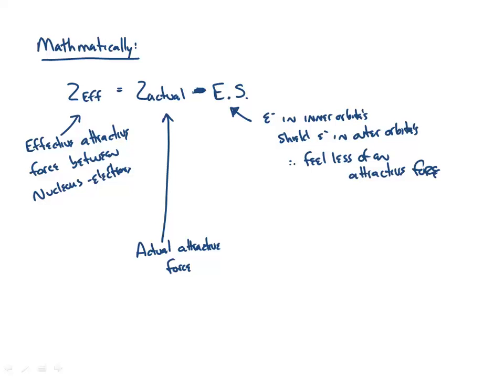So what does that mean for the size of atoms? What we're going to talk about for periodic trends is twofold. We're always going to ask what happens as we go across a row and down a column. So we can use this to talk about our periodic trends, and we'll have a bunch of trends.